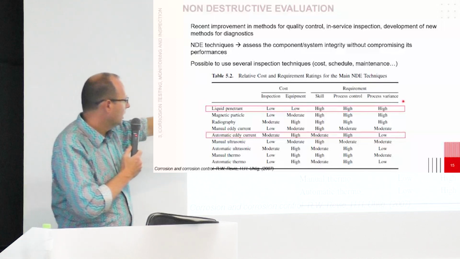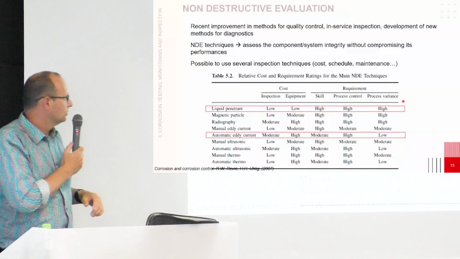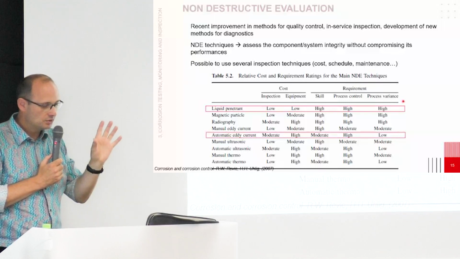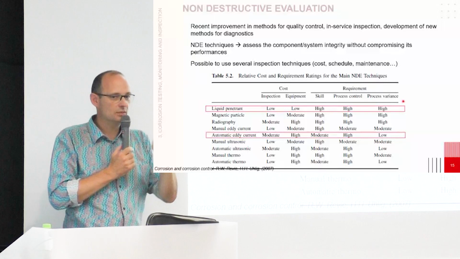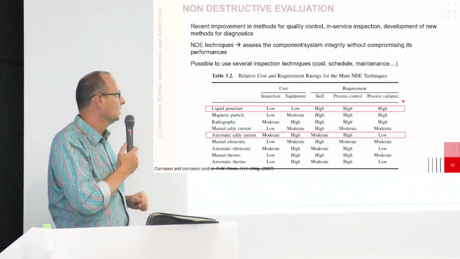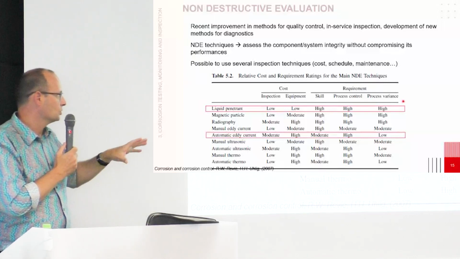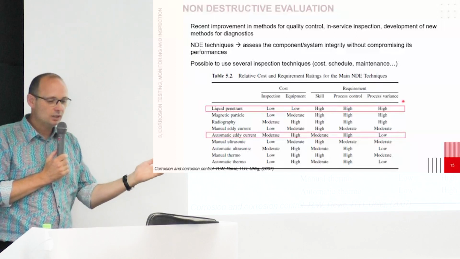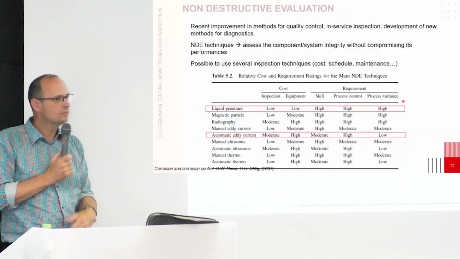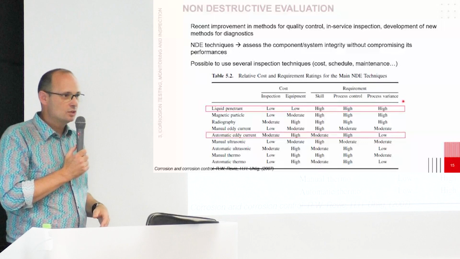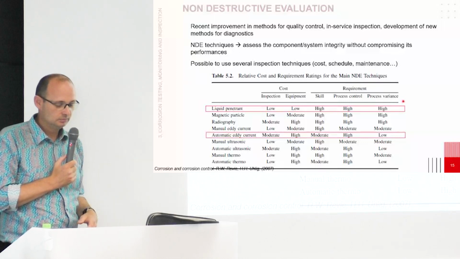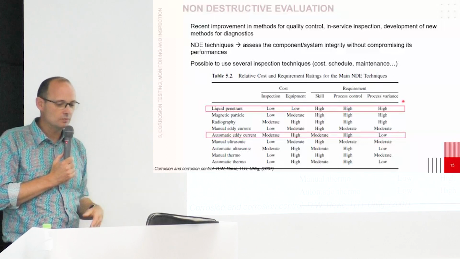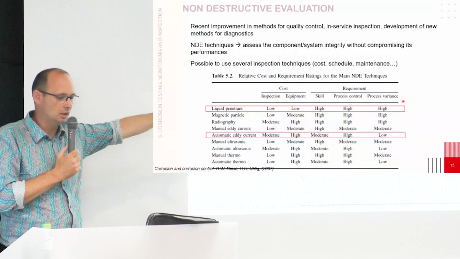So here I took this picture and I'm just focusing on 2 points. The first one is a liquid penetrant. I think Gael Sebald told us about that, and he showed some beautiful pictures. So if I look at the cost of the inspection, it's very low. The cost of the equipment is very low. So if you go to discuss with the financial manager, he will be quite happy.